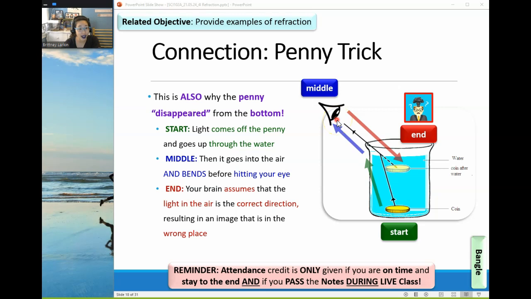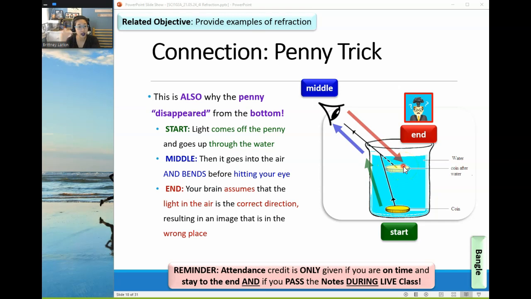But again, your eye and your brain are not that great at figuring out what's going on. So your brain assumes that the direction of the light in the air is the true direction. Your brain thinks that this bent ray right here is really what's happening, and so your brain then makes an assumption and extrapolates further. It goes back and says, okay, that must be where the penny is right here.